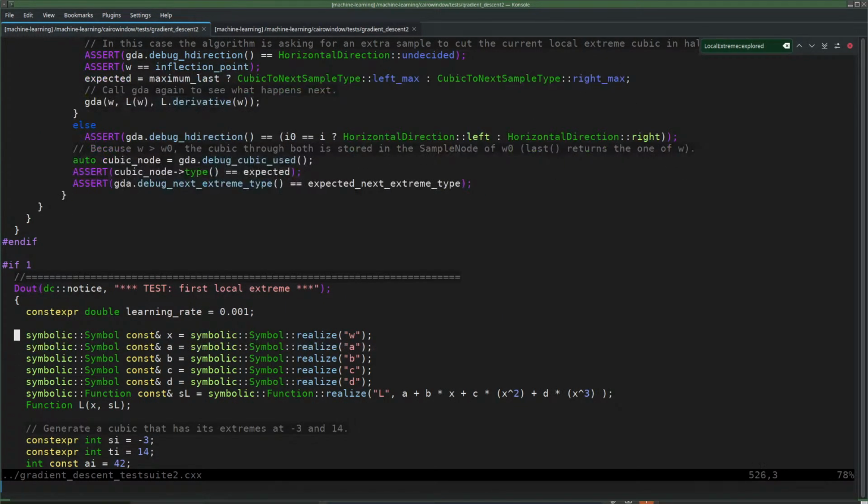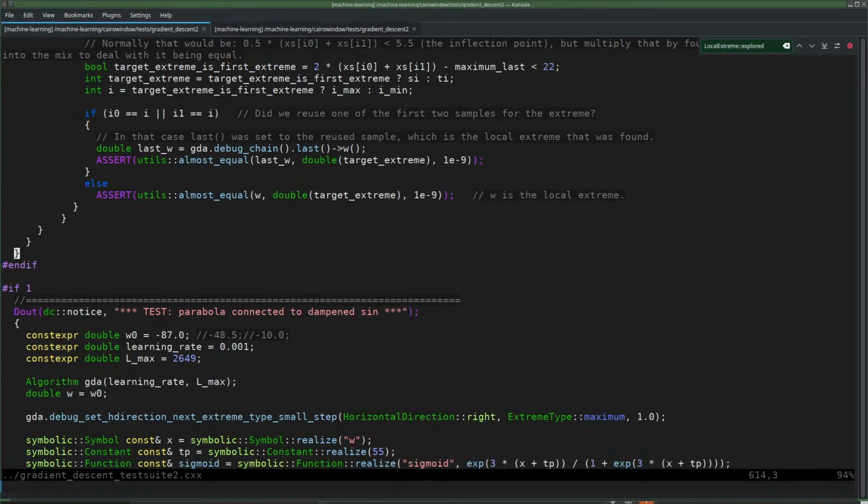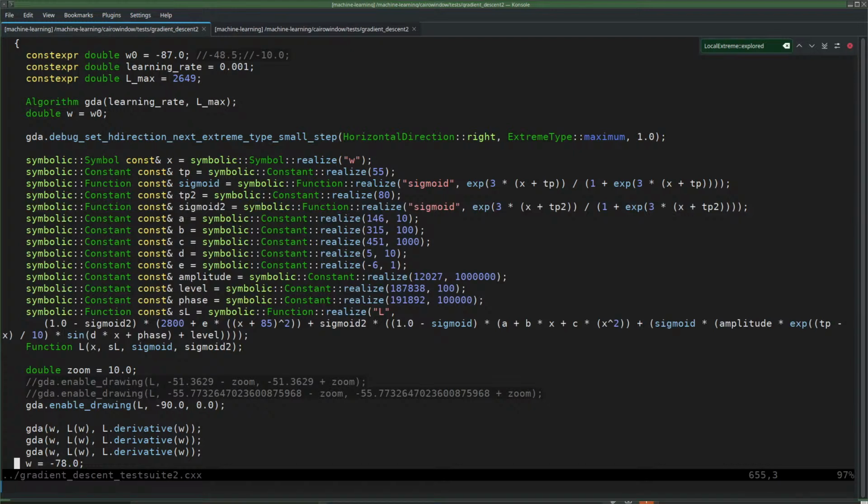First local extreme, that doesn't sound like it here. Yep, this parabola here. Originally, I don't want to use the TP2 and the sigmoid 2 anymore. I should have left the old function here because I have no idea what it was.